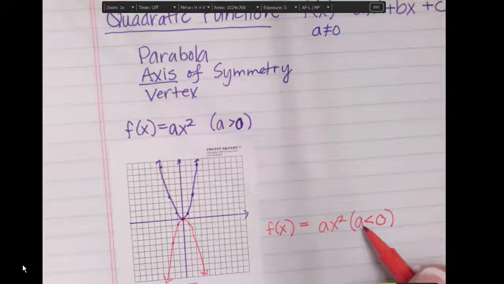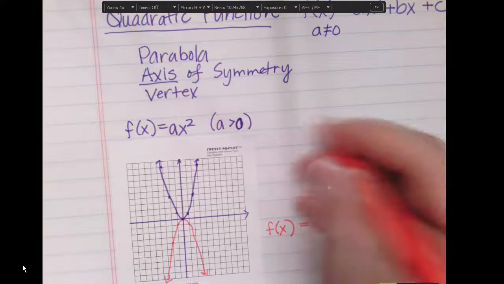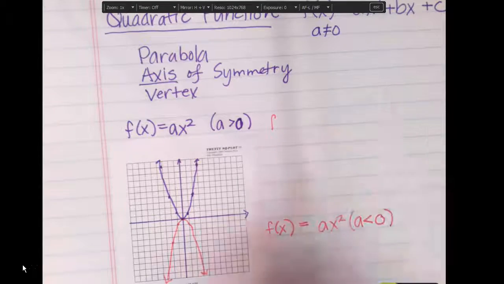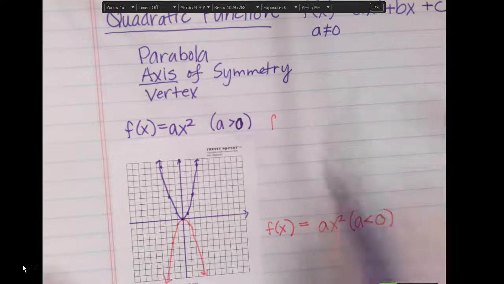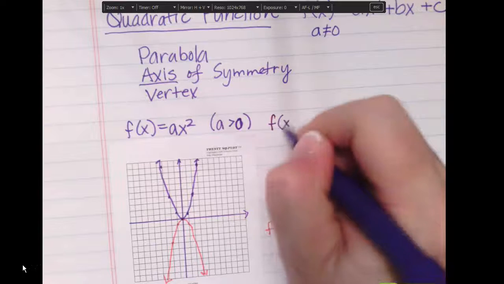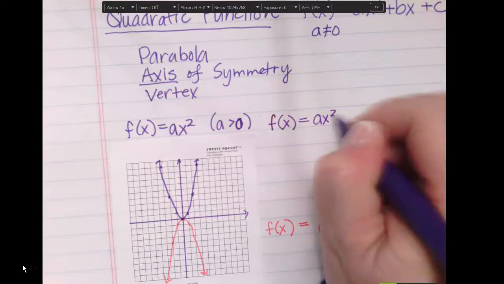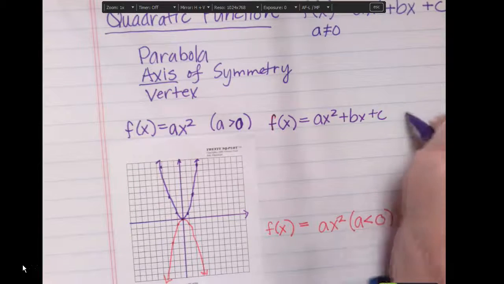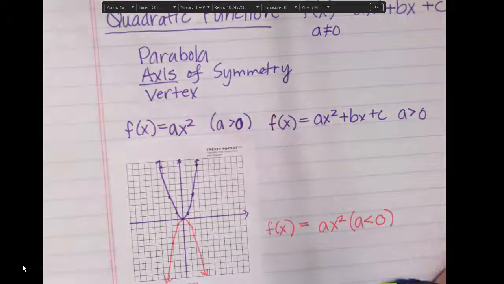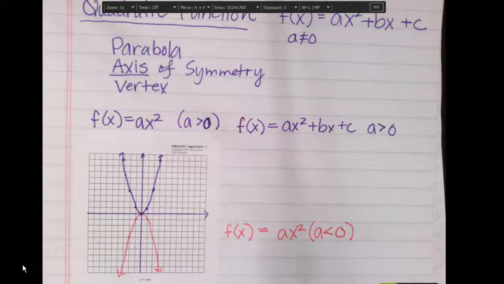Then for the general form, like say if we had f of x, let me go back to my purple, equals ax squared plus bx plus c, as long as a was still positive, we call that the leading coefficient, then we would still have our upward opening parabola.